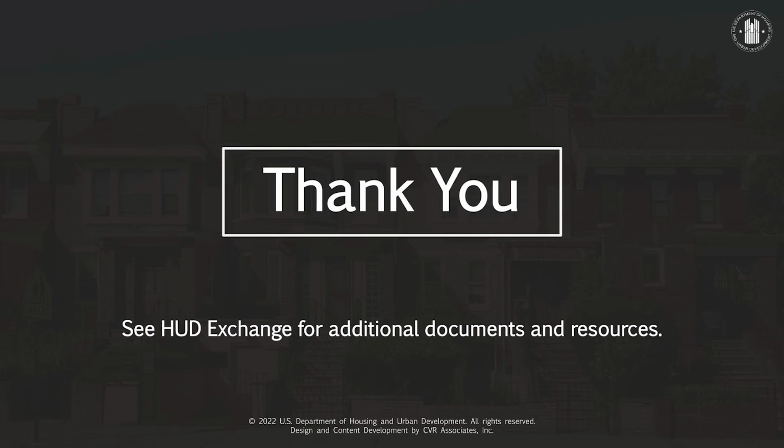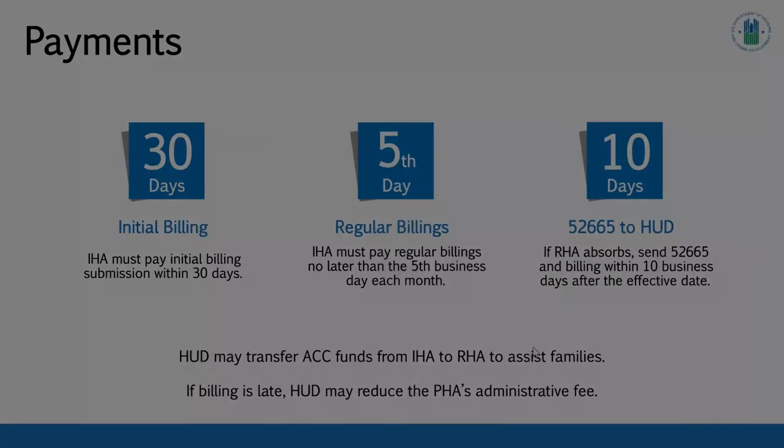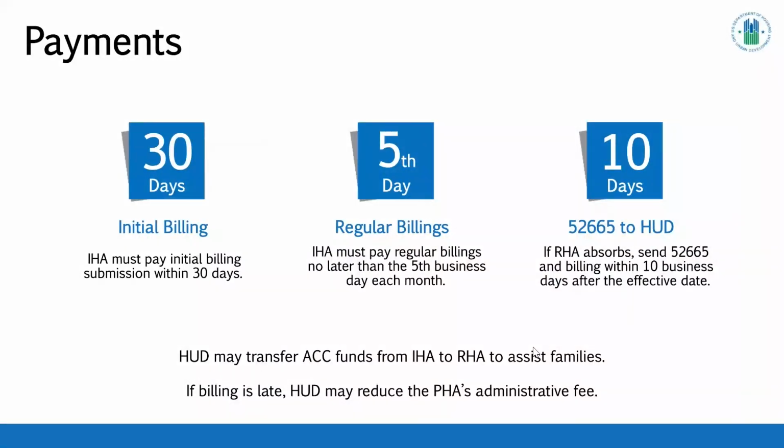The next question is, what if the 52665 and 50058 are received after the 10-day window? If the information isn't submitted timely, the initial housing authority can decide not to accept the billing if the receiving housing authority is going to bill.